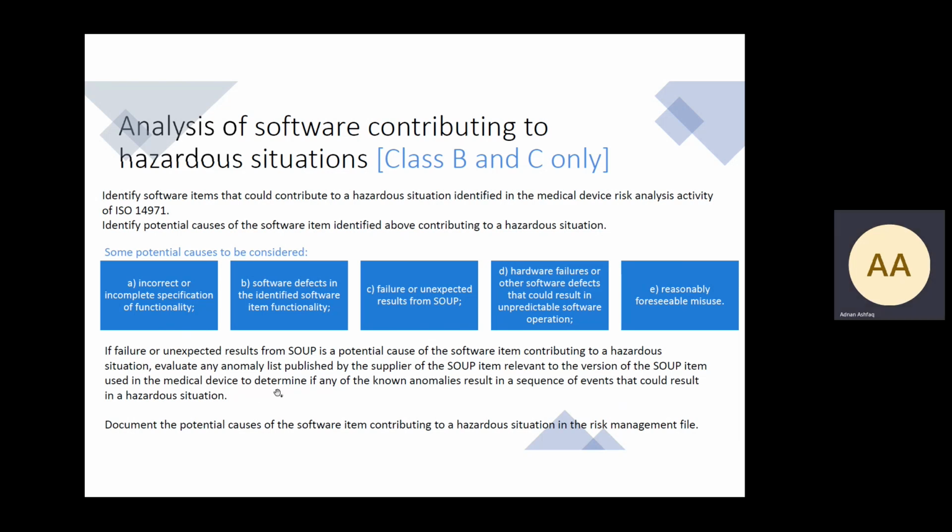If failure or unexpected results from SOUP is a potential cause of the software item contributing to a hazardous situation, evaluate any anomaly list published by the supplier of the SOUP item that's being used to determine if any of the known anomalies result in a sequence of events that could result in a hazardous situation, and then document potential causes of the software item contributing to a hazardous situation in the risk management file.